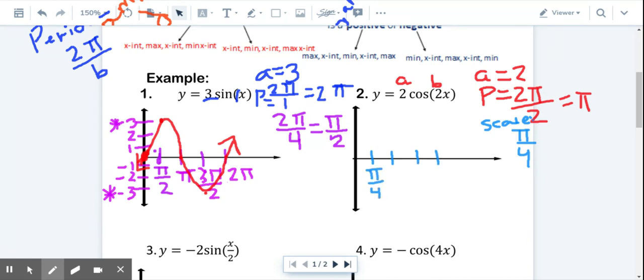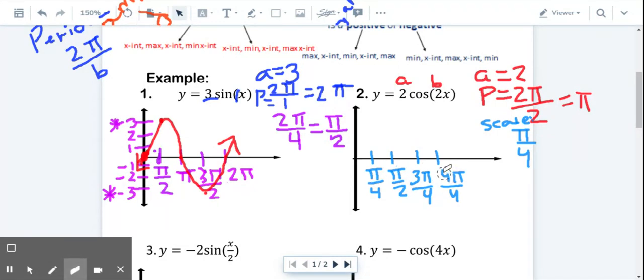My first one is pi over 4. So we're going to count by pi over 4s. So this is 1 pi over 4, 2 pi over 4 becomes pi over 2. Our next one is 3 pi over 4. And our next one is 4 pi over 4, which is just pi.